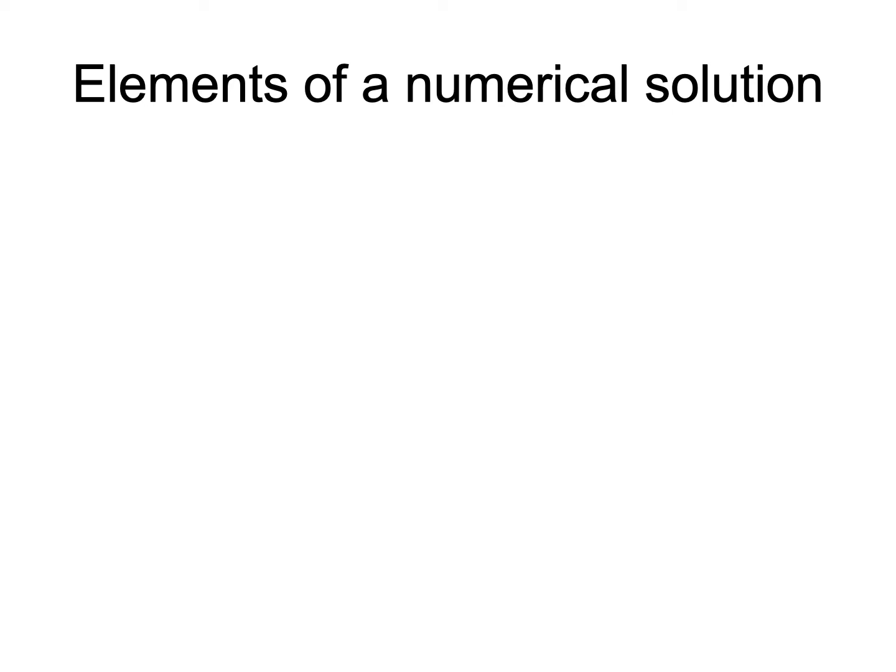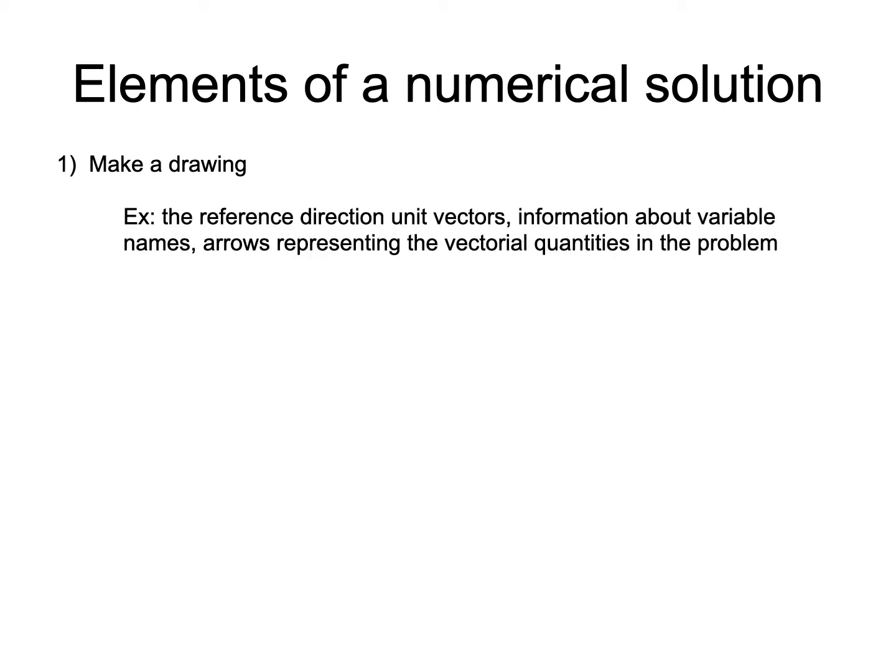Before we go over an example of converting a specific vector into component form, I would like to summarize the elements that need to appear in the numerical solution to a physics problem. First, make a drawing. Example of what is useful to draw are your choice of reference directions, the labeling of various quantities, and the drawing of arrows as visual representation of vectorial quantities.